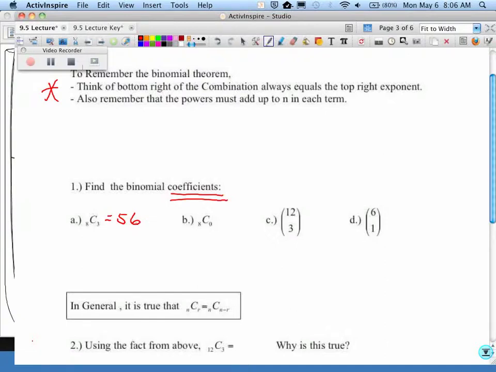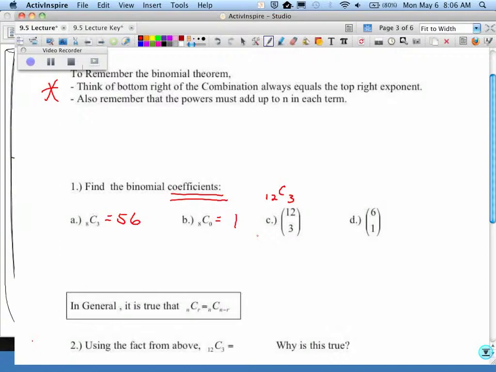Now, as you write out the binomial expansion, we can have lots of terms written down. And so this is kind of a vertical notation. It just saves space. It still means 12C3. Combination. All we're doing is getting numbers.